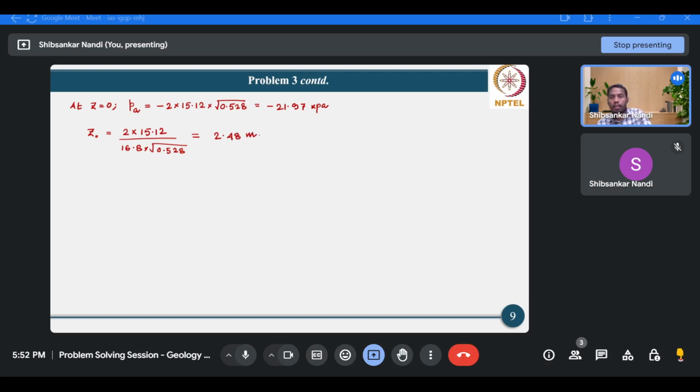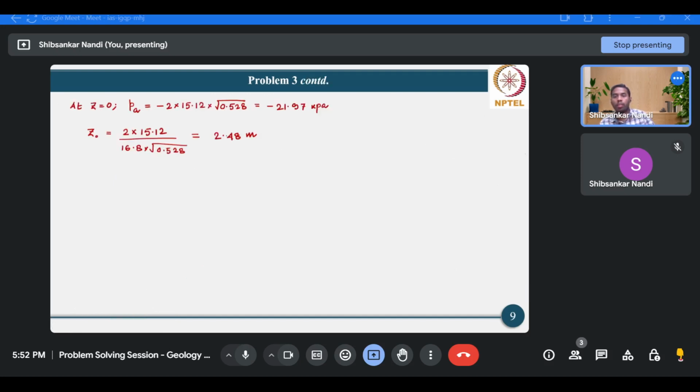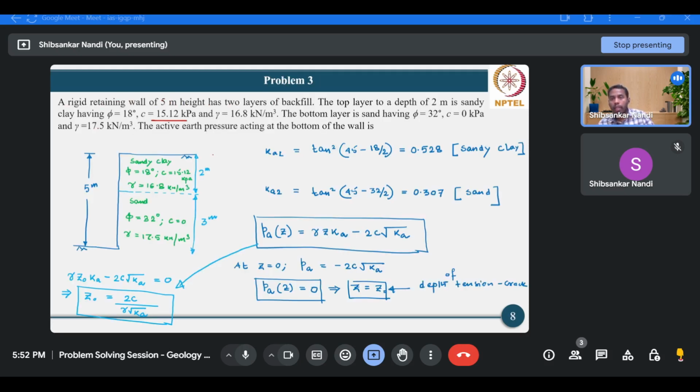Now what we can see is that the thickness of the top layer is only 2 meter, and we are getting the depth of tension crack as 2.48 meter, slightly greater than the thickness of the top layer. Therefore the entire layer will be under tension.